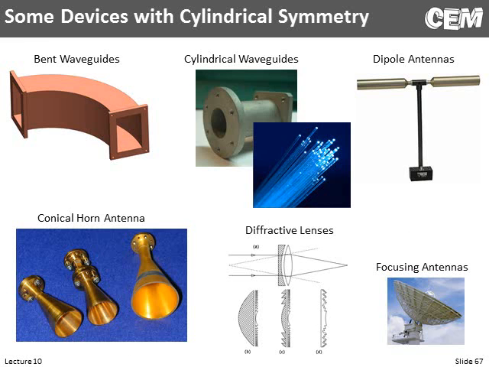And some example devices, if we have a waveguide bend, we can see here's the axis of our cylinder. So we could treat this as a 2D model, but in cylindrical coordinates. Circular waveguides, fiber optics, dipole antennas are cylinders, cylindrical horn antennas, lenses are circles, and parabolic antennas. These are all circles and all things that are much more efficiently modeled using a body of revolution or a cylindrical type coordinate system.